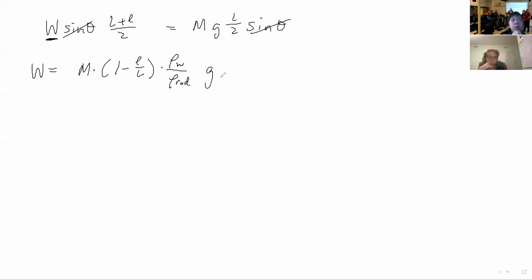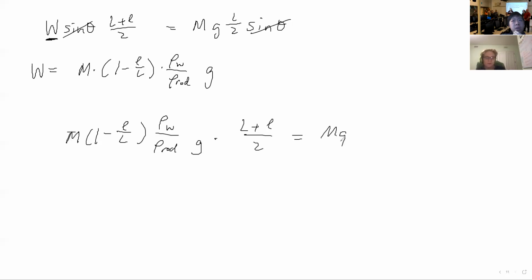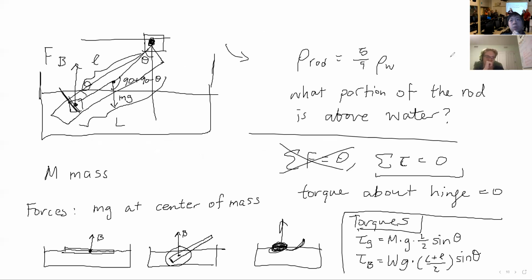And then, of course, we have to multiply by G. So what we're left with here is m times 1 minus l over L, rho water over rho rod times G times L plus l over 2 is equal to mg L over 2. Okay, what can we get rid of here? We can get rid of mg. And then rho W over rho rod is equal to 9 over 5.